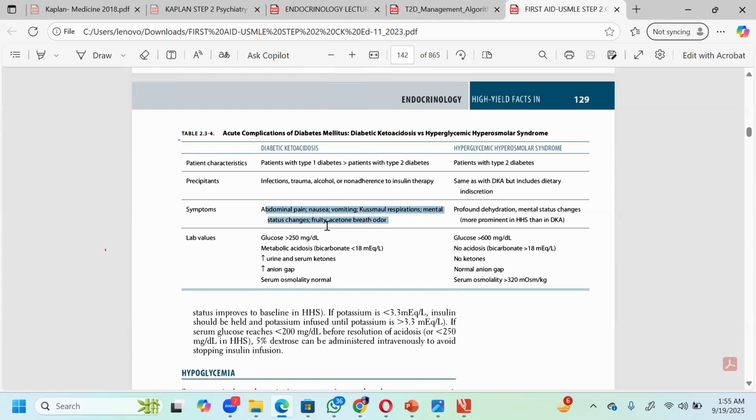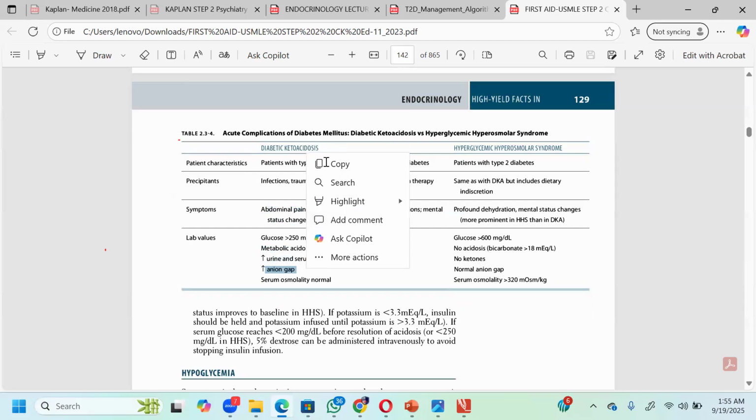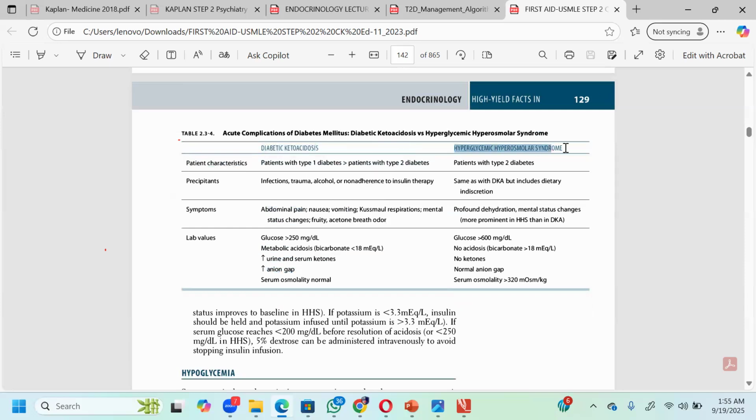And the important one is the fruity acetone smell on the breath, because acetone is present. Lab values: glucose greater than 250, metabolic acidosis with bicarbonate less than 18, increased urine and serum ketones, increased anion gap. So this is type 1. You can differentiate.